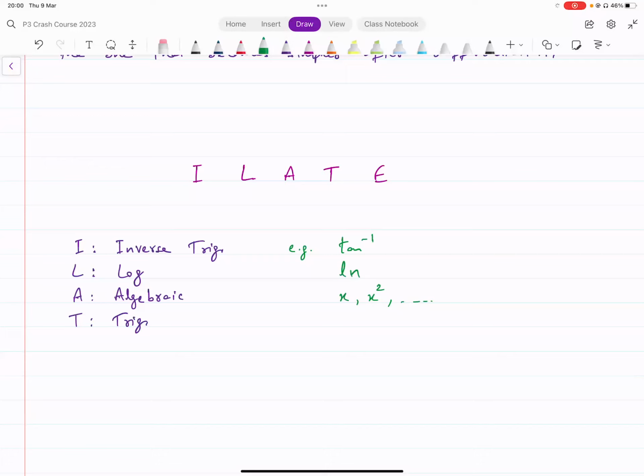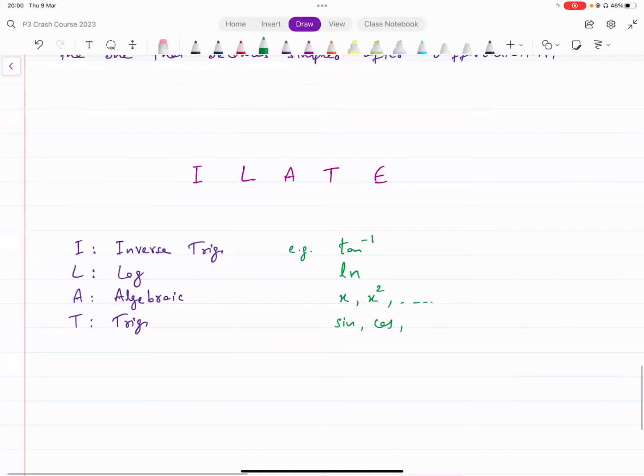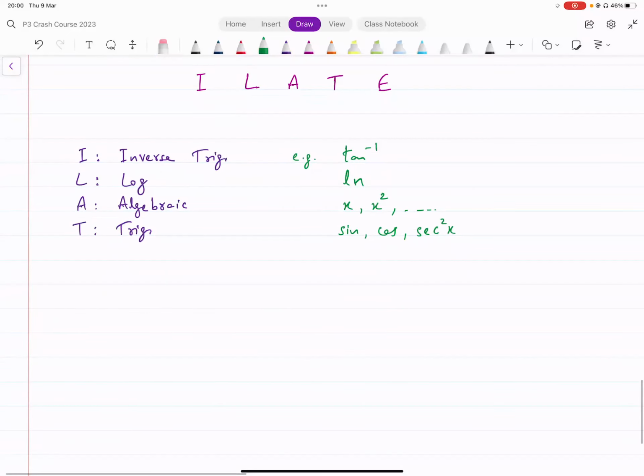For example, you could have sine, cos, generally sine, cos, and secant square, for which you know the direct integrals, right? You know how to integrate sine directly, cos directly, secant square directly. You could have one of those. And then E stands for exponential. That means e raised to power something. These are the five different functions that you would have here.